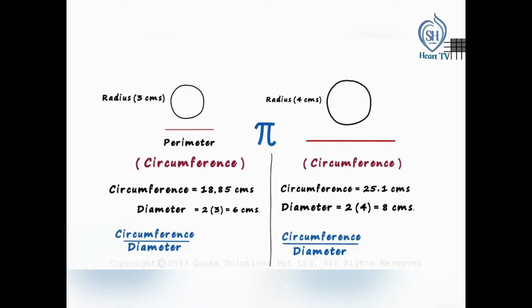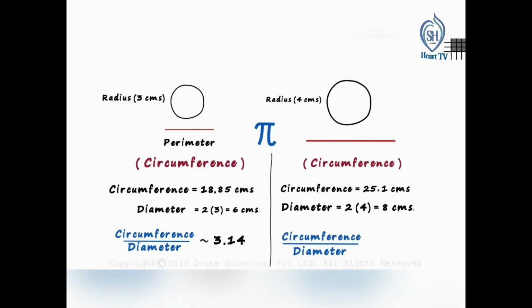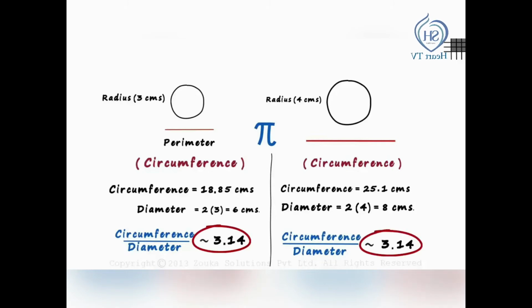If we calculate the value of circumference by diameter in the first case, we will approximately get it as 3.14. And guess what? In the second case too, we get the value of circumference by diameter as approximately 3.14. No matter what circle you look at, the value of circumference by diameter will always be equal to 3.14.